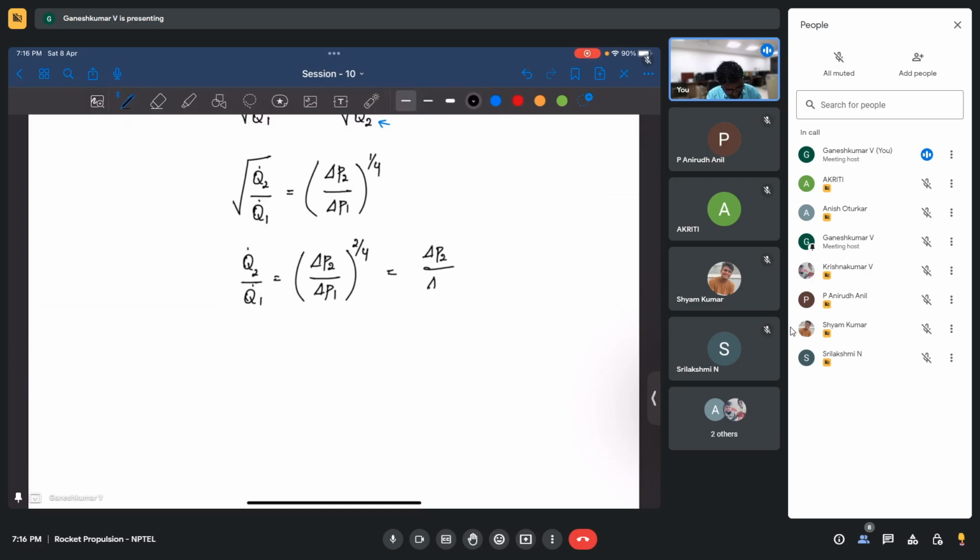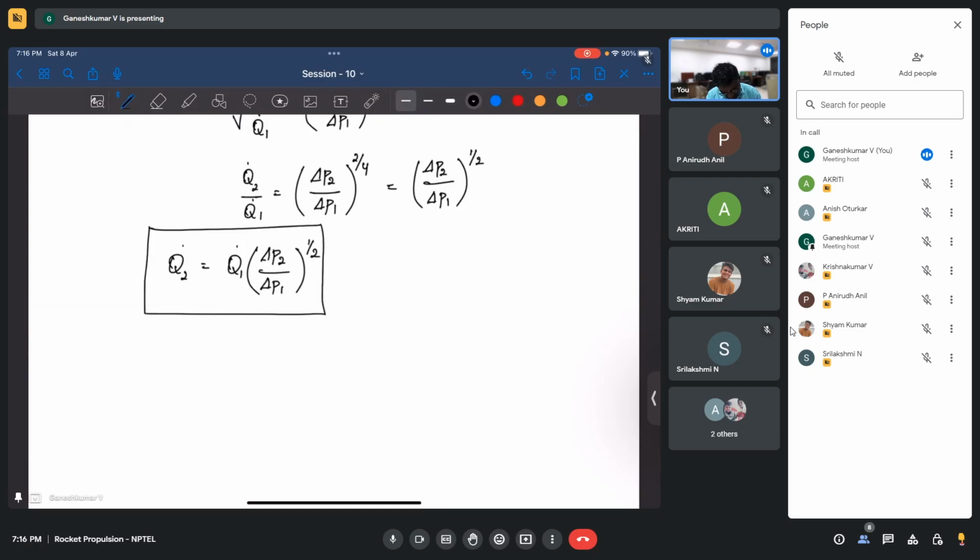I'm just taking the square root on both sides, and then you can find Q dot 2 to be Q dot 1 times delta P2 by delta P1, whole power 1 by 2.